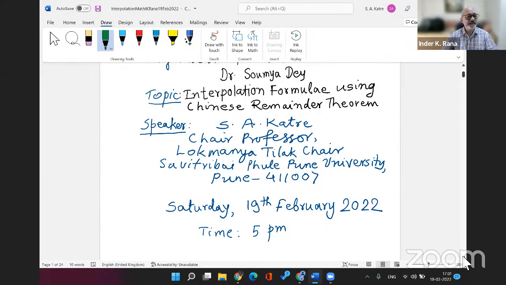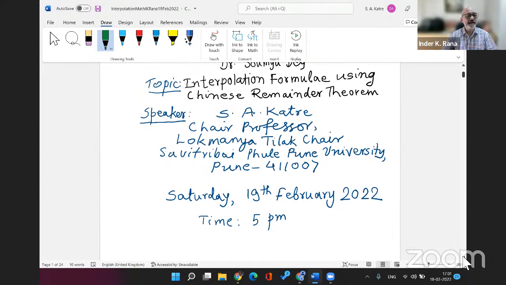After his retirement, he was invited to join the department again as a chair professor called Lokmanya Tilak chair at SP University, Pune. His areas of interest are varied: algebra, number theory, combinatorics, and of course mathematics education also. He has guided 11 MPhil students and more than 15 PhD students.